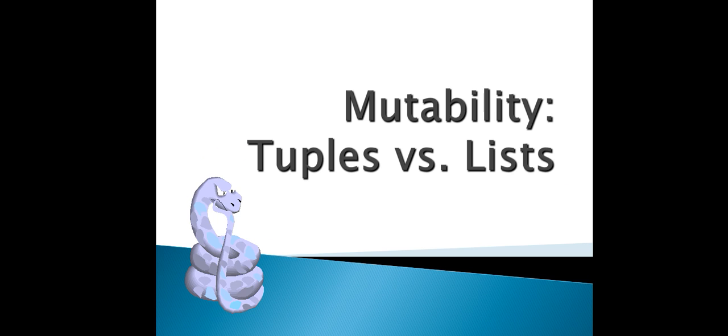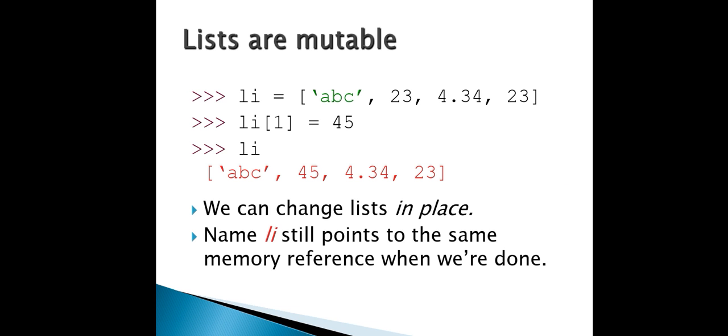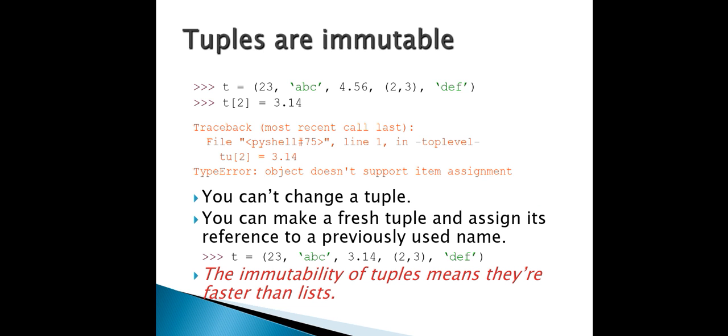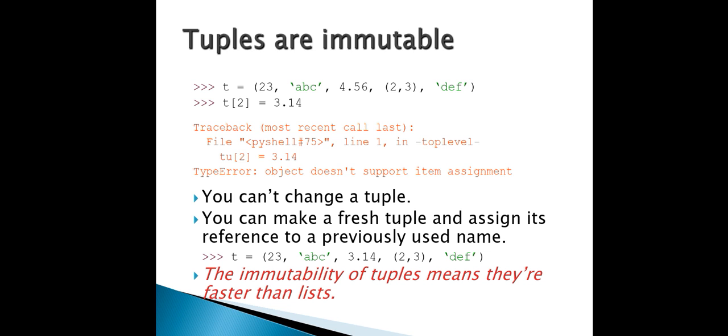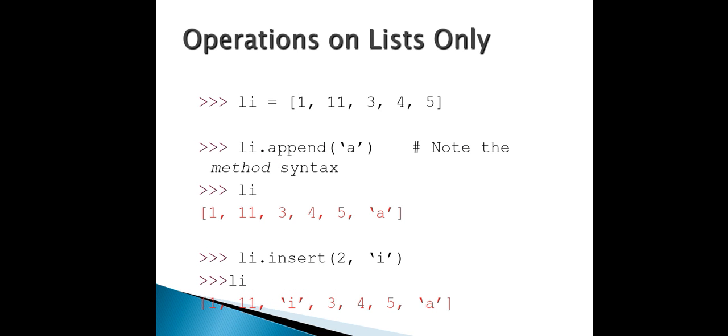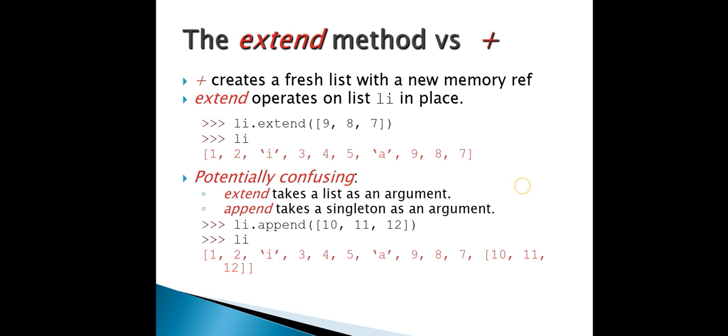Mutability: tuples versus lists. My dear friends, lists are mutable and tuples are immutable. Operations on lists only, you can understand from this screen.